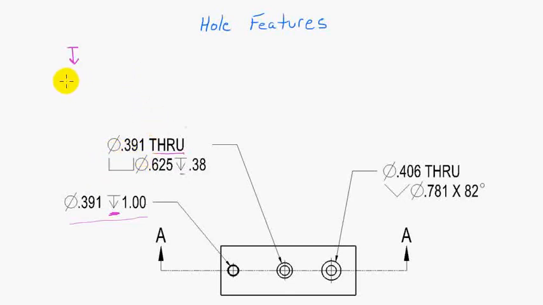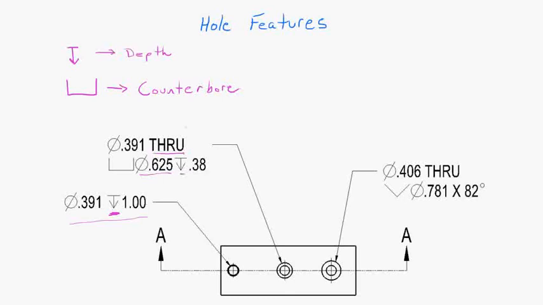Well, this, we've said this was depth. This means counterbore. And the counterbore is going to be 0.625 diameter by 0.38 deep.